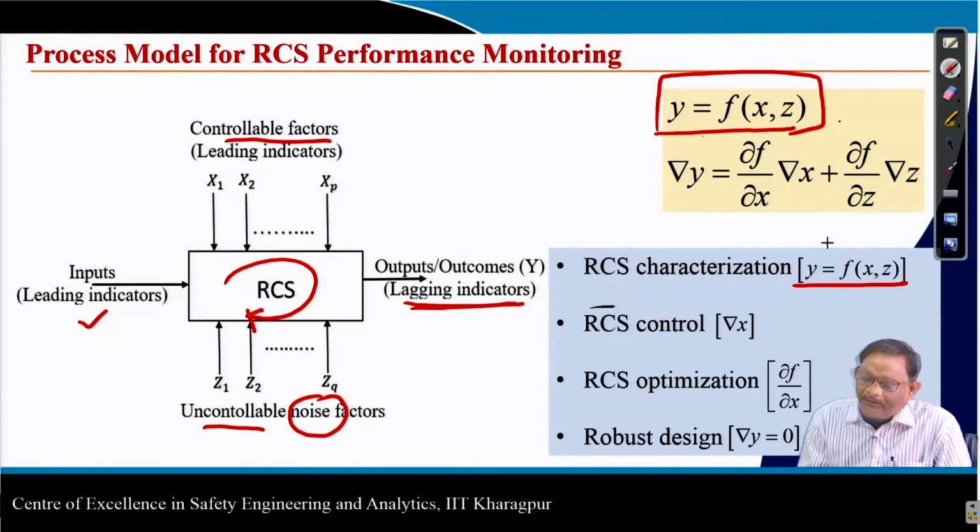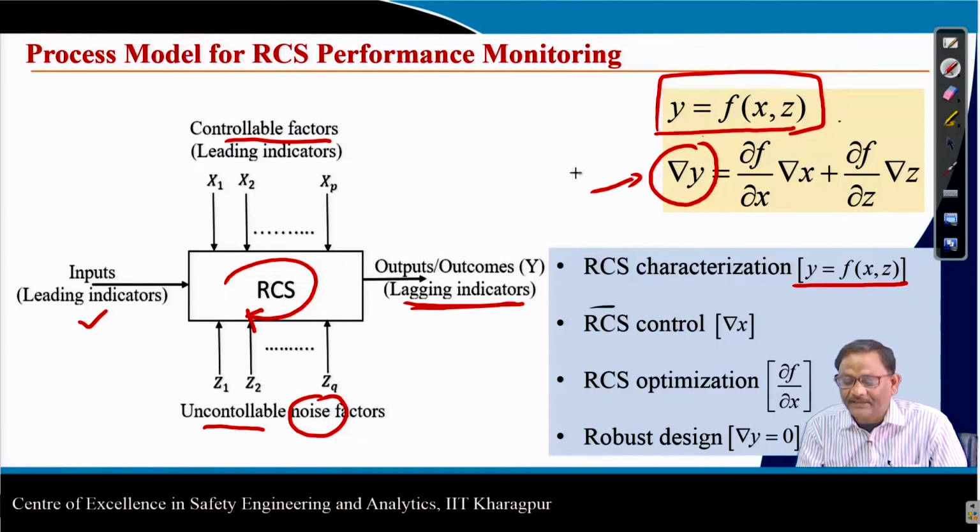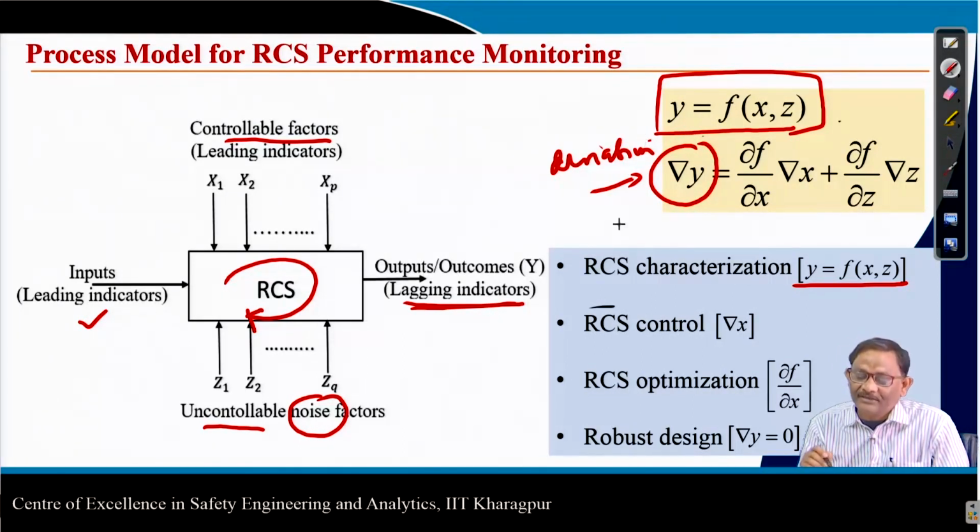Then actually, desired safety outcomes means we want 100% safety. Anything less than 100% is a deviation. That deviation we call delta y, the deviation from the desired safety outcomes. So we don't want delta y, we want delta y to be 0. There should not be any deviation.